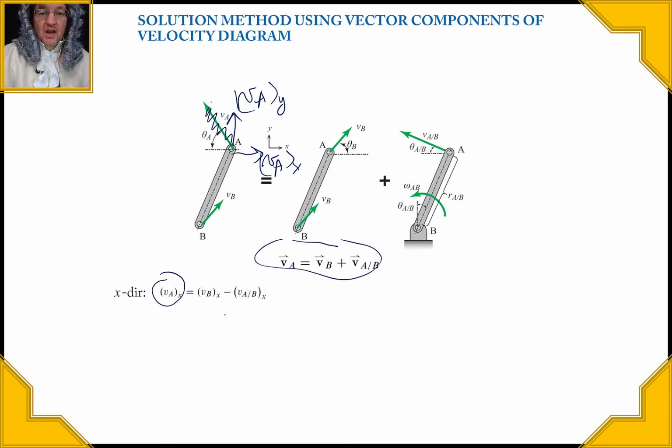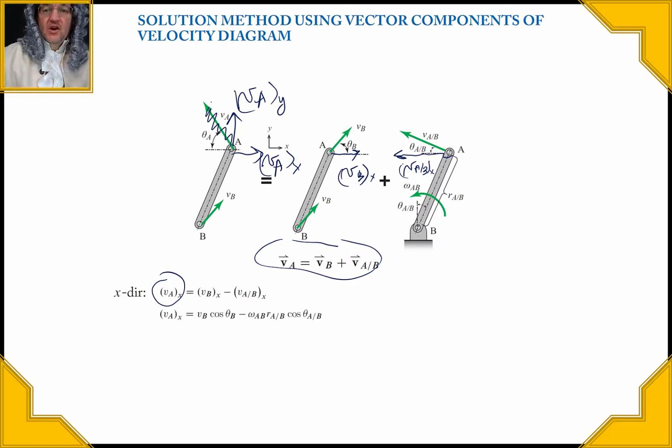But now I will zoom in and I look and I'll see, okay, this one shows in the x direction, right? So that's the velocity of B in the x direction. And then this one right here is the velocity of A with respect to B in the x direction, and that's negative because it's negative in the diagram. And then I know that the magnitude of V_A/B, I'll draw it as a magnitude, is simply omega_AB times R_A/B.